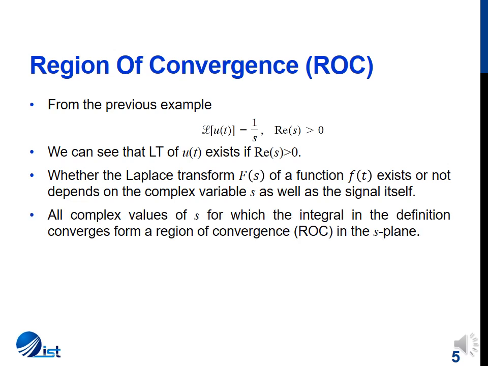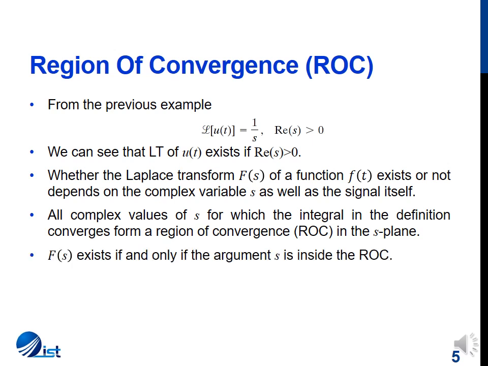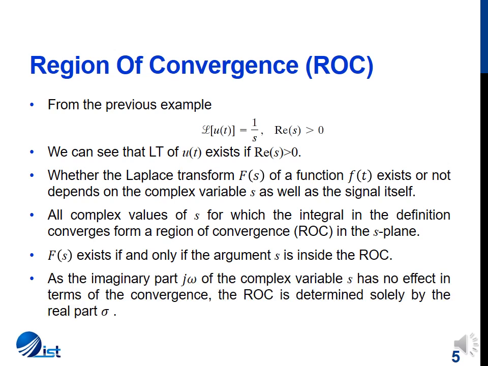And all complex values of s for which the integral converges are known to form a region of convergence, or ROC, in the S-plane. The Laplace transform exists only if the argument s is inside the ROC, and the imaginary part, j omega, of the complex variable has no effect in terms of convergence.